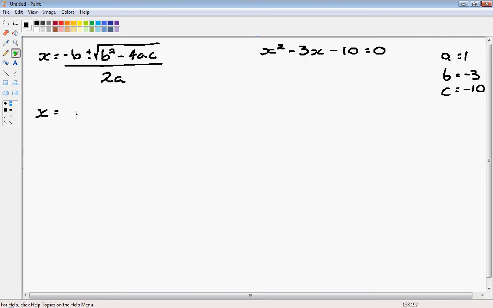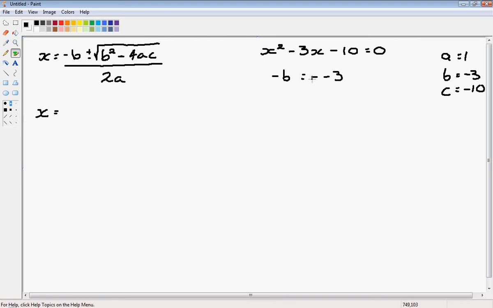So x equals, now it says minus whatever b is. Now b is minus 3, so it's saying minus b, so that would be minus the minus 3 because b is minus 3.